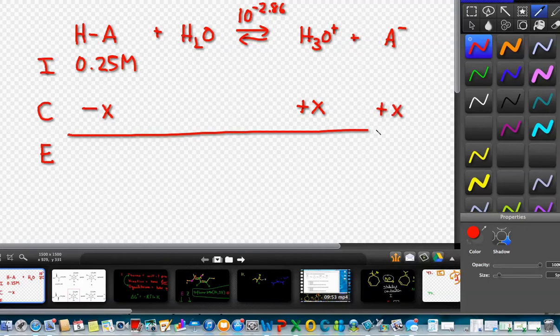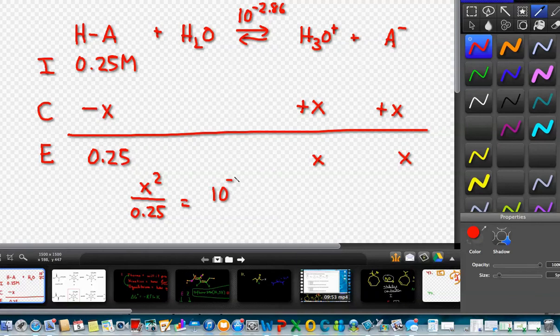We're going to use our assumption that 0.25 minus X is essentially 0.25 because our initial concentration is greater than our Ka by a pretty significant factor. So we know that X squared over 0.25 is equal to the Ka, which is 10 to the minus 2.86.